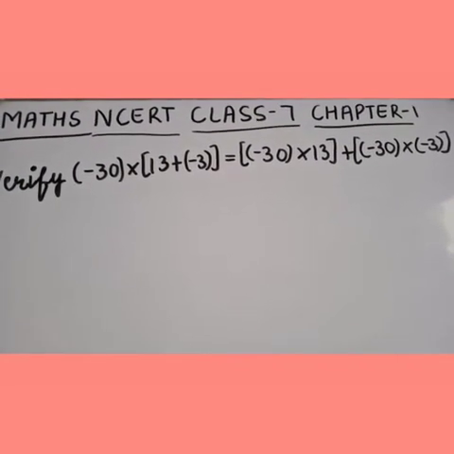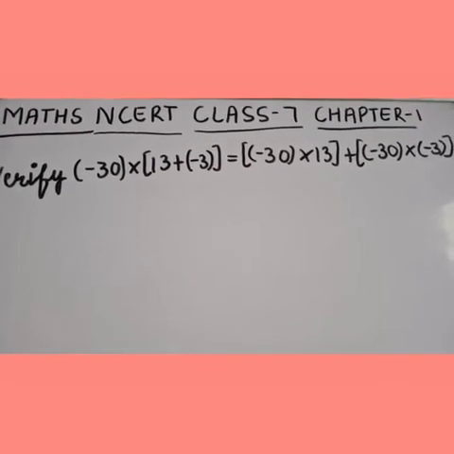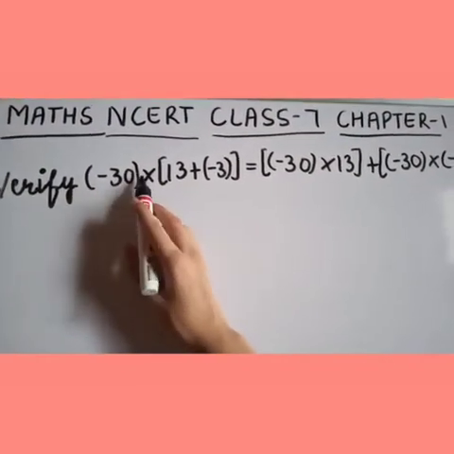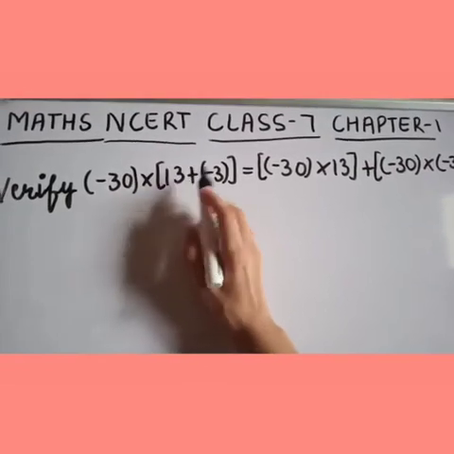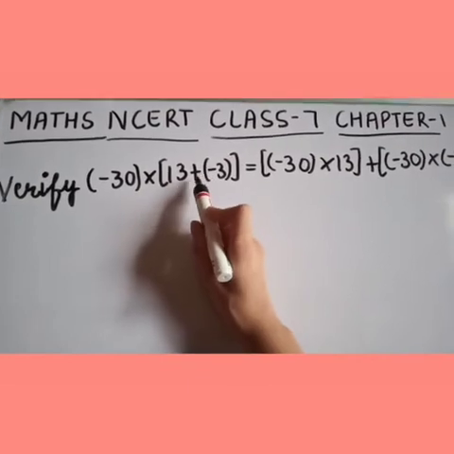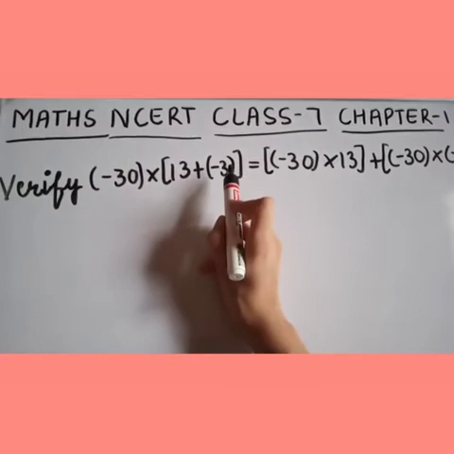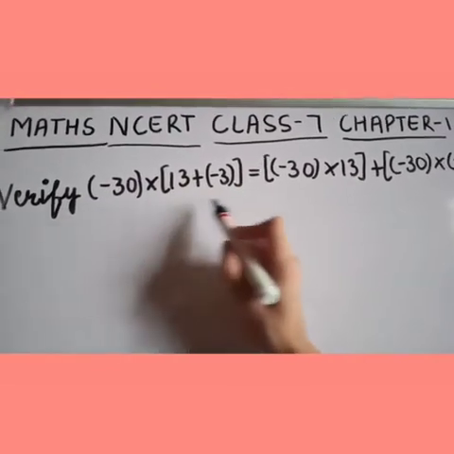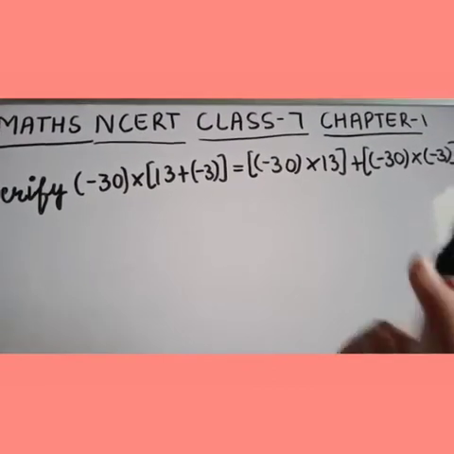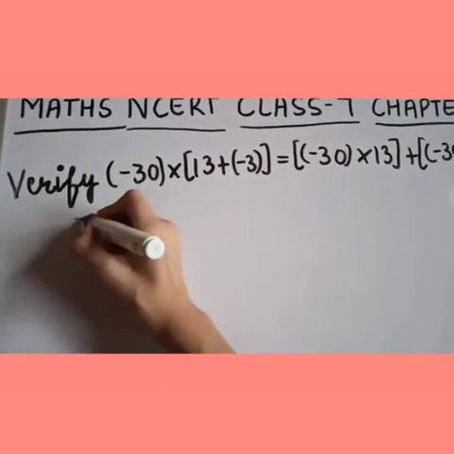Alright, now let's start with solving this question. So now, minus 30 into 13 plus minus 3. Now can you see this plus and minus sign? Now you have to change these types of signs wherever these signs occur in the question. So the first step will be this only. Let's start with the first step.